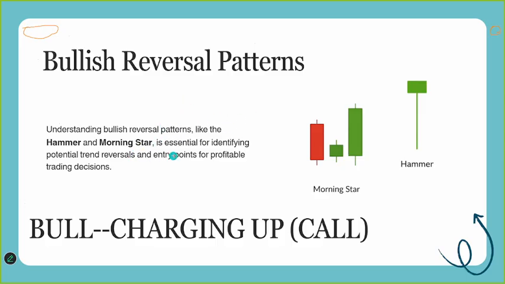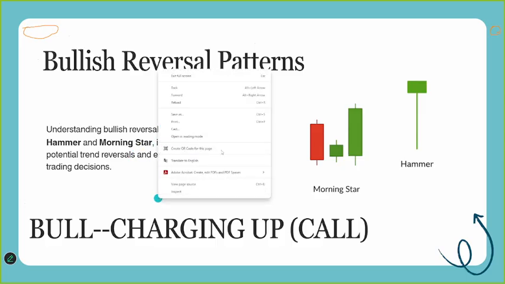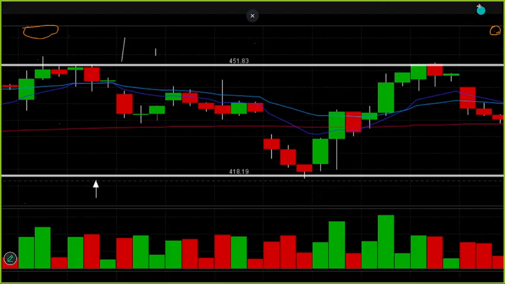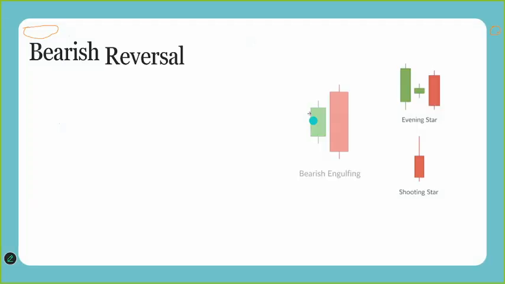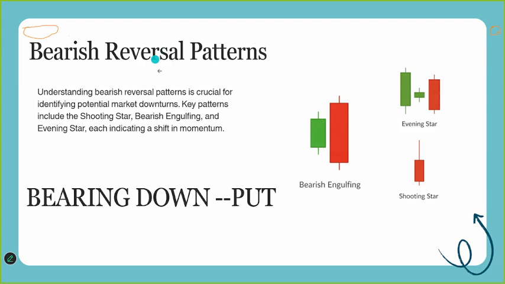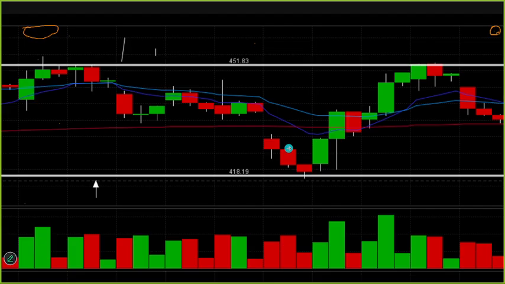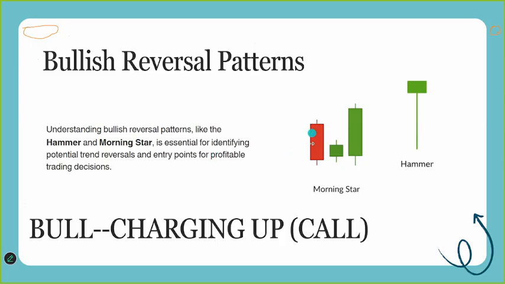Now, how do we know that a market is going to be bullish based on the candle? Sorry, there are three candles. These are reversal patterns, right? We have bearish engulfing. When you see a green that is like this, sorry, this is bearish, not bullish. A big red, we now see a small green, then we now see a big green. We call this a morning star.